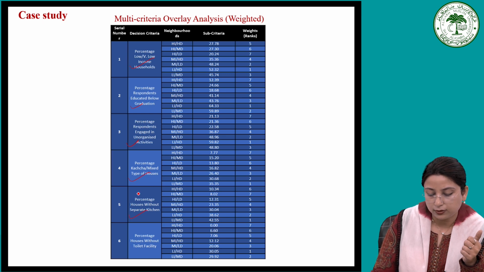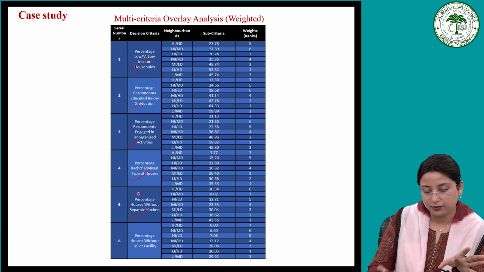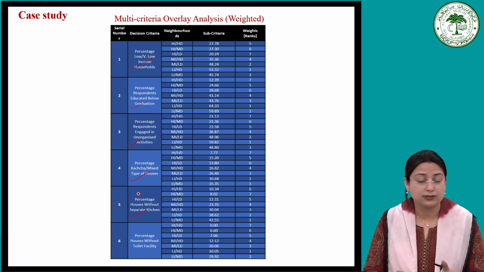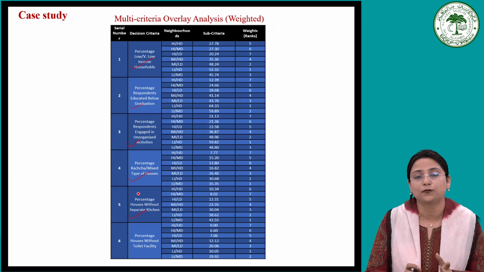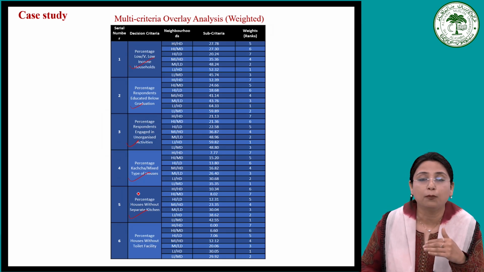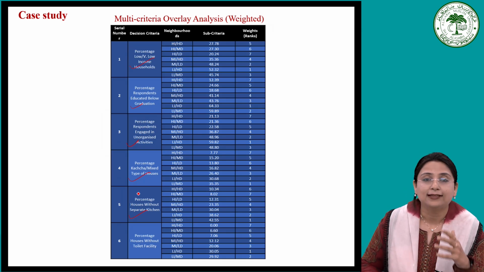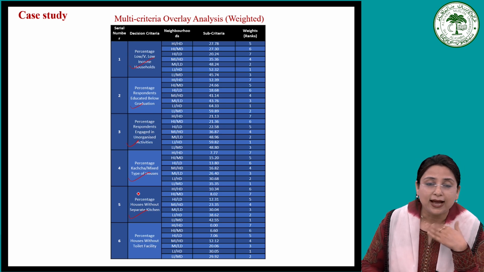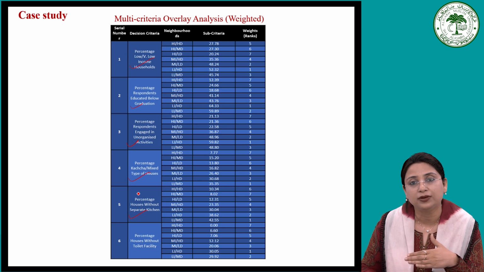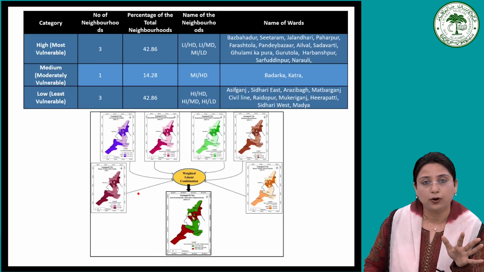Overall, this is not something you have to do. This is just to make you understand that the several factors we are considering have to be assigned weight according to importance.